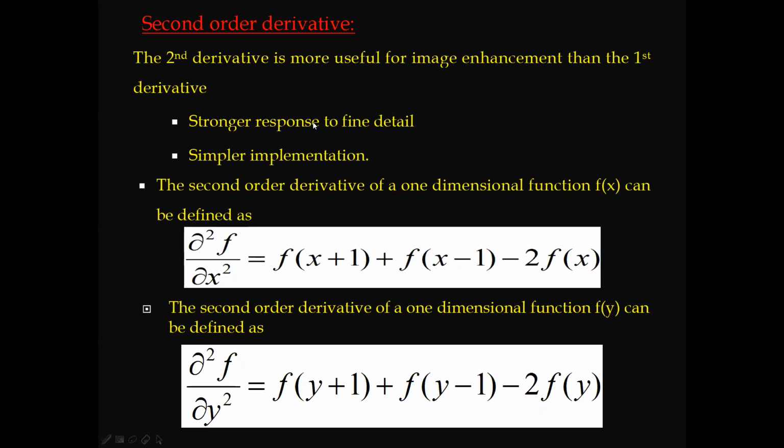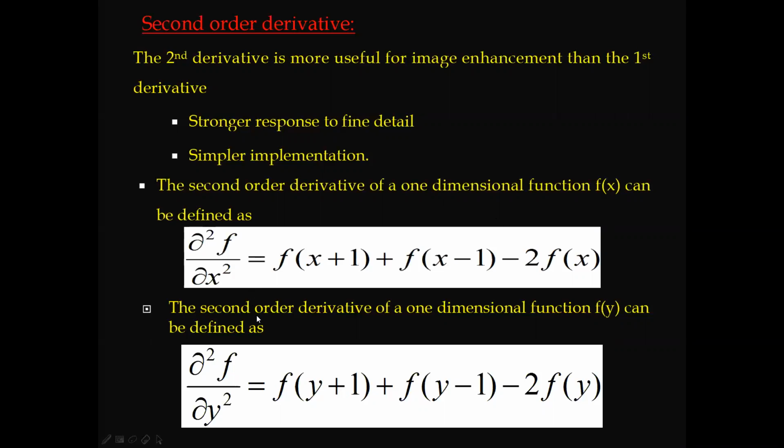The second order derivative: let us consider a second order function. The second order derivative is more useful for image enhancement than the first derivative because of its stronger response to fine details and simpler implementation. The second order derivative of a one-dimensional function f of x can be defined as dou square f by dou x square, which is equal to f of x plus 1 plus f of x minus 1 minus 2 into f of x in the x direction.